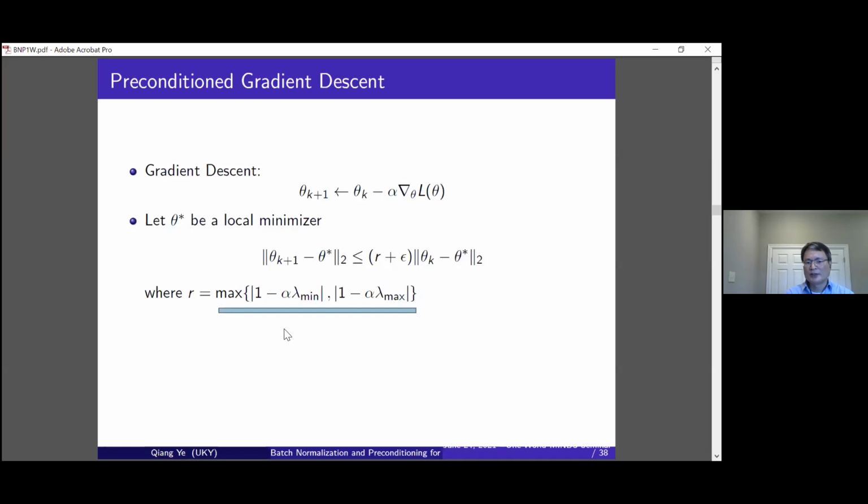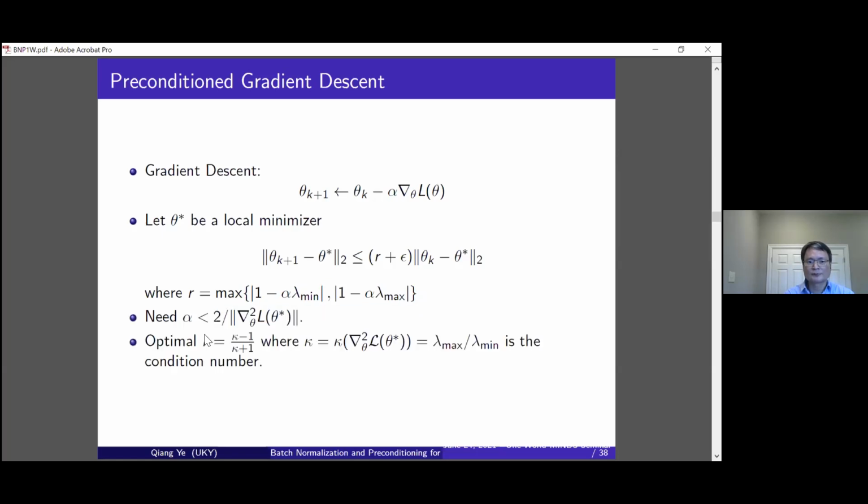The lambda min and lambda max here are the minimum and maximum eigenvalues of the Hessian matrix. From this simple bound, we immediately know that the learning rate alpha needs to be less than 2 over the norm of the Hessian matrix, that's 2 over lambda max.